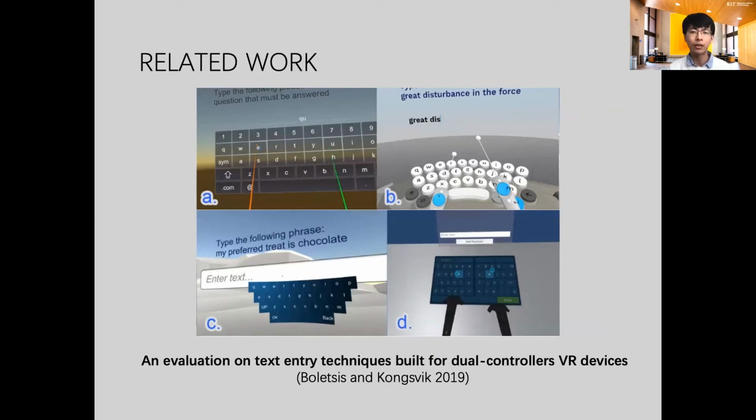These techniques all use a QWERTY layout keyboard with different keystroke methods. However, we found there is still a lack of study on controller-based VR text entry methods which are less reliant on posture or which enter text using the controller's rolling input.